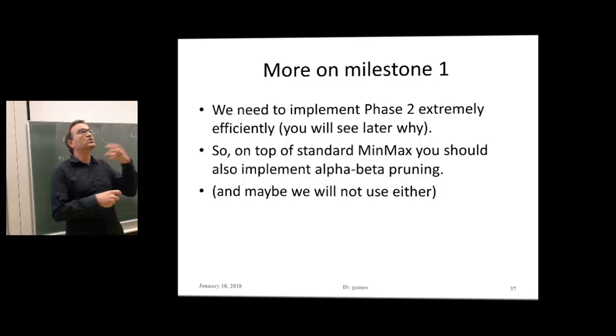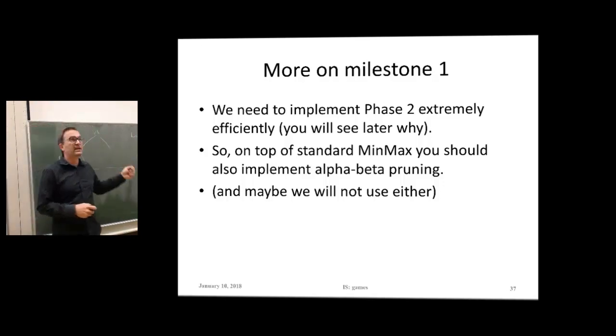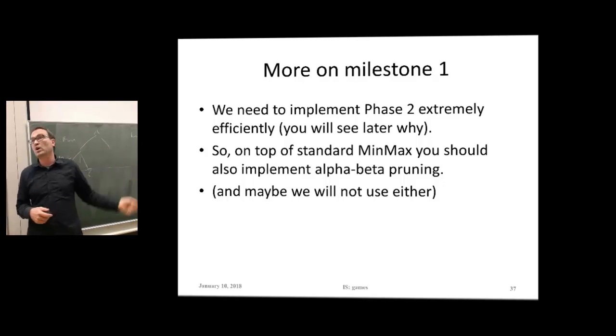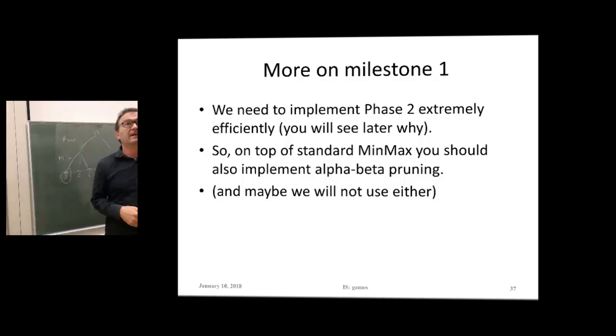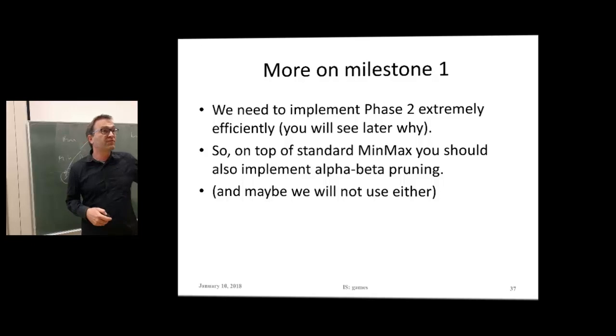But still, we should do it efficiently, because in the imperfect information game of phase 1, which you will see later, we might want to implement the imperfection of the game by frequently calling this complete min-max algorithm. And I'm talking about hundreds of thousands of times.